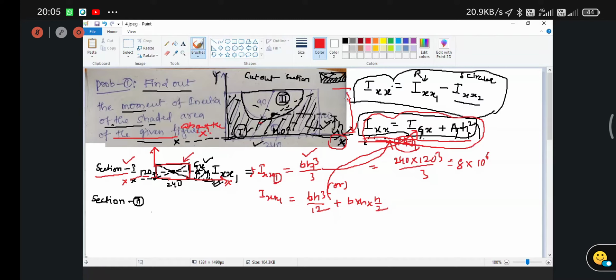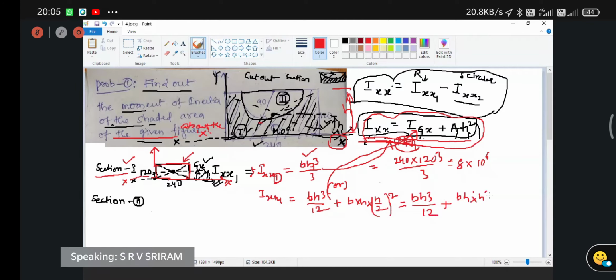So it is H by 2 whole square. If you go for BH cube by 12 plus BH into H square by 4, with BH outside of the bracket, then 4 BH cube plus 12 BH cube, that is 16 BH cube, divided by 12 into 4. 4 times 4 is 16 and 4 times 3 is 12.